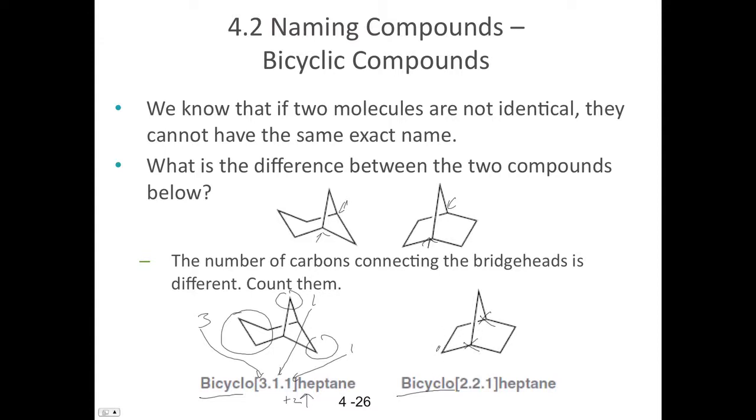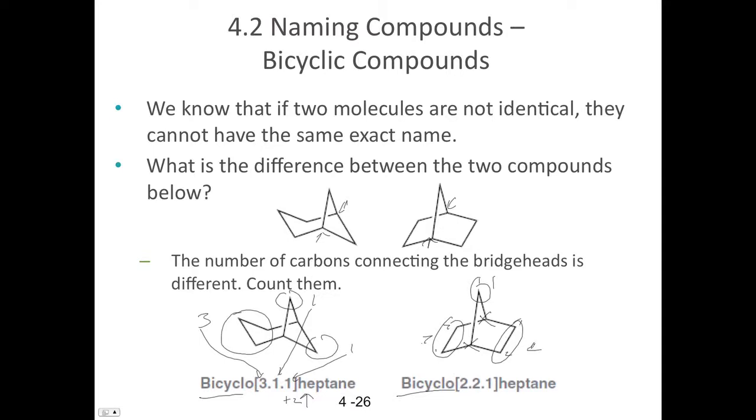There's 2 carbons here. There's 2 carbons here. There's 1 carbon here. So there's 2 carbons total here, 1 carbon total here, and 2 carbons total here. All right. We arrange these in order of largest number to smallest number.